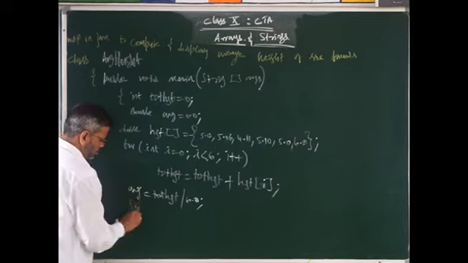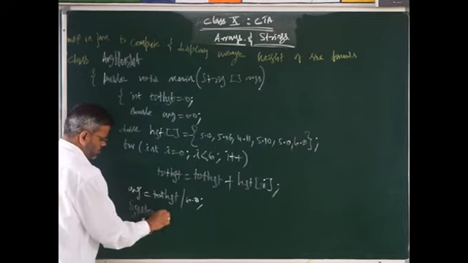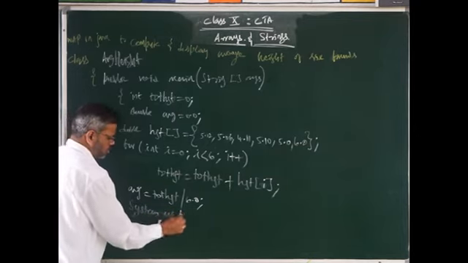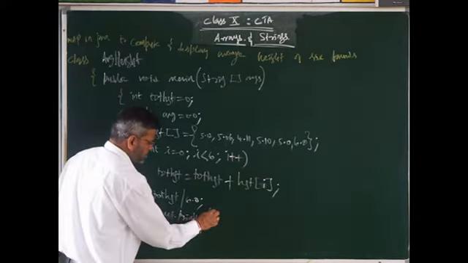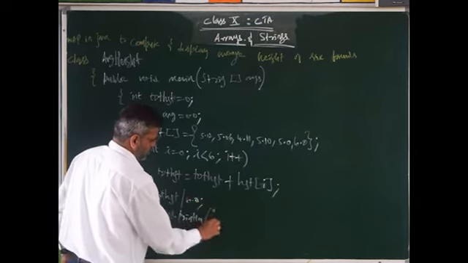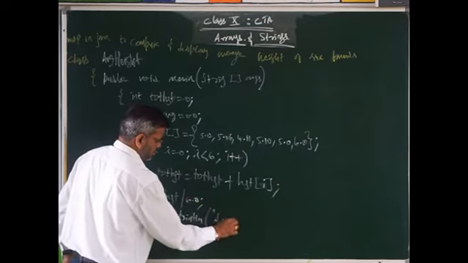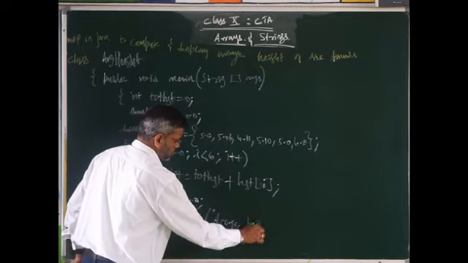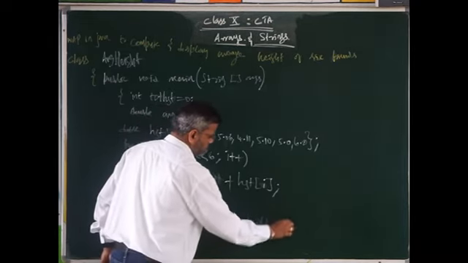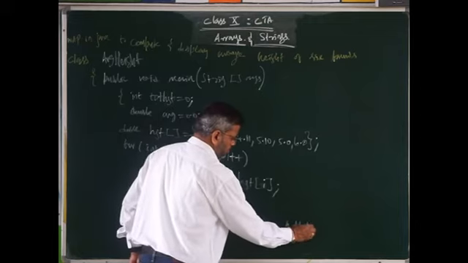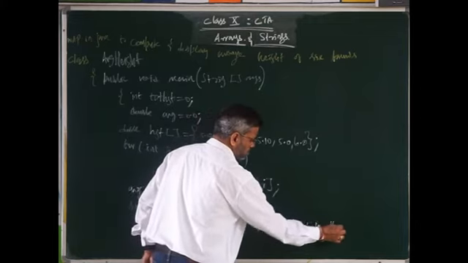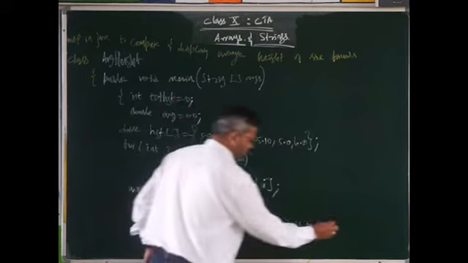So what I am going to do is System.out.println: average height of 6 students or friends is equal to AVG.